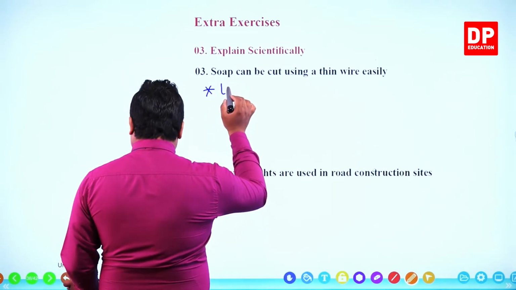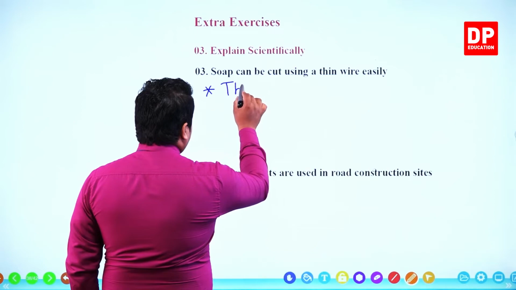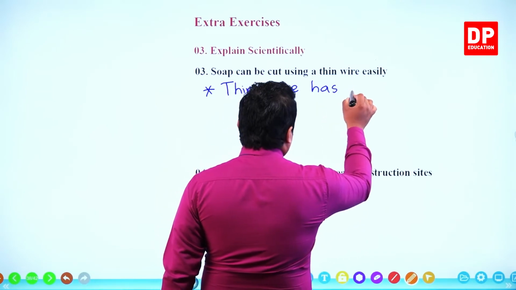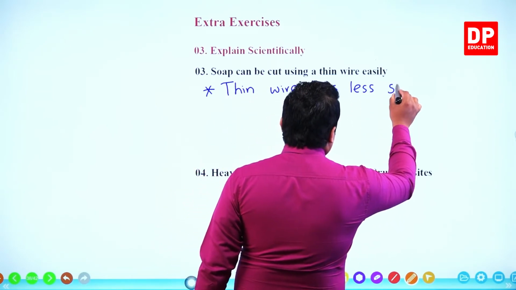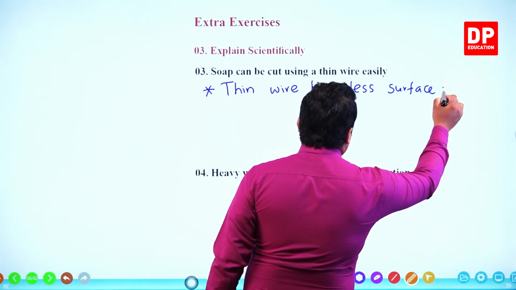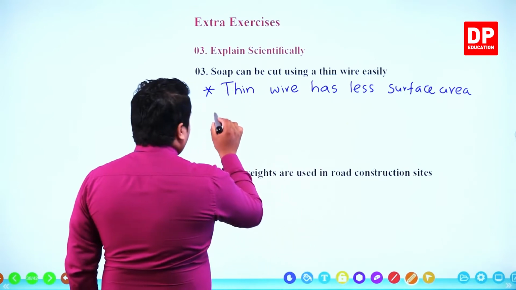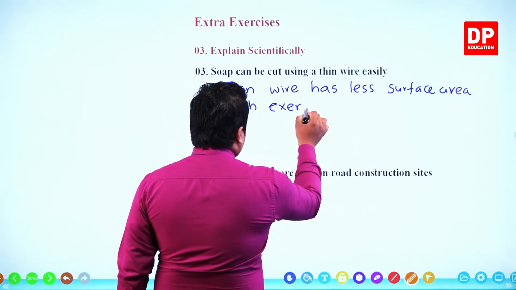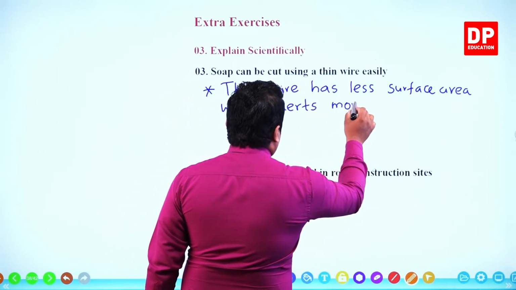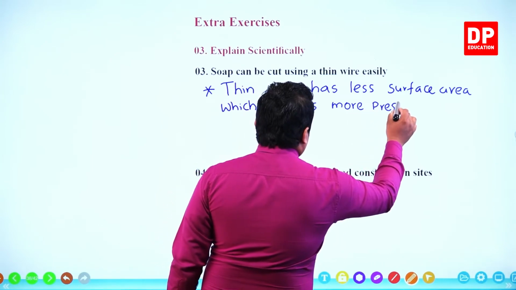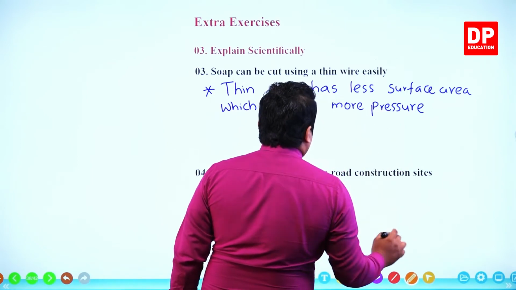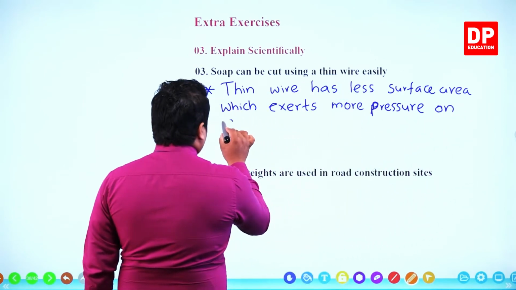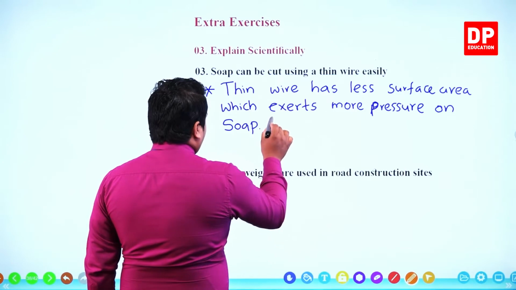Thin wire has less surface area which exerts more pressure on soap.